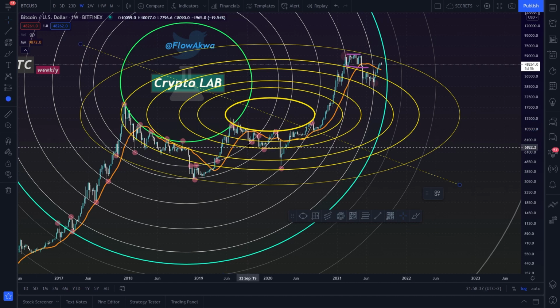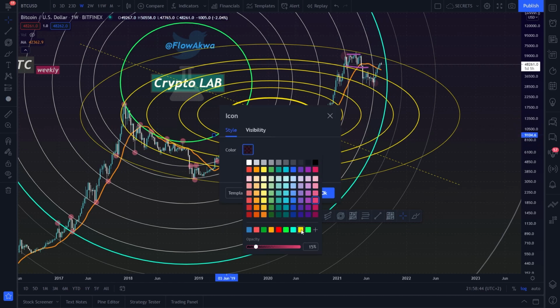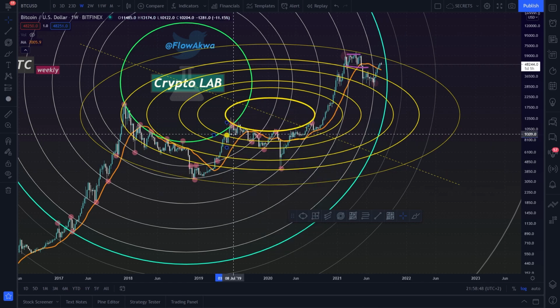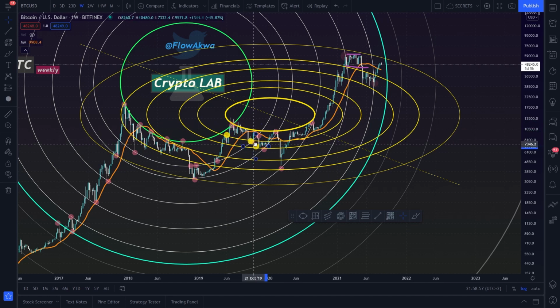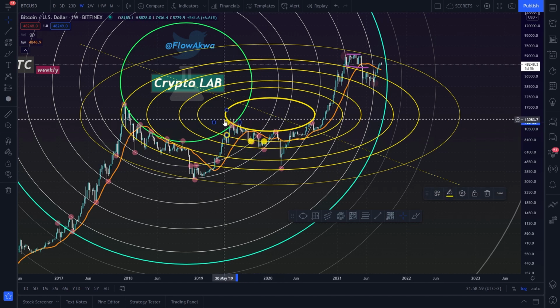Here, for the next circle, we have a pivot point right here. I will put it in yellow, okay? Strong yellow, like this, okay? This way you can see it well. So here it was a pivot point, here it was a pivot point again, here it was resistance, right?